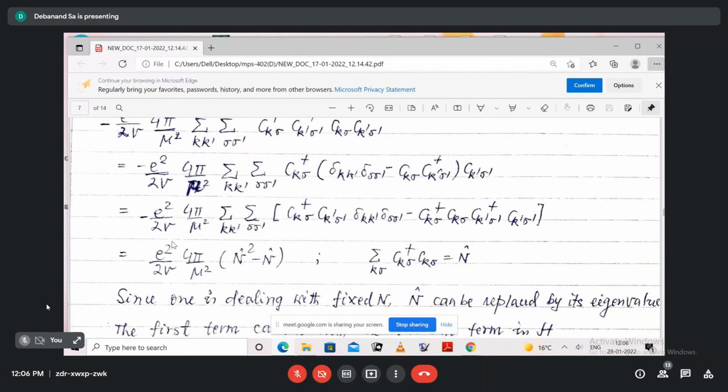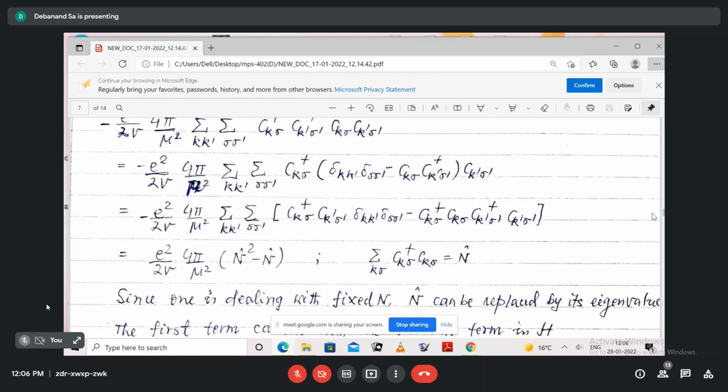This term is going to get cancelled with that earlier bosonic term. And then what is left out is e square by 2V, 4 pi by mu square, n. अब ये n को मैं अभी ऑपरेटर नहीं, n का आइगन वैल्यू लूंगा, small n density, n by V. Yeah, you can just take it as n classical. So your n by V. Oh, that's what it is.